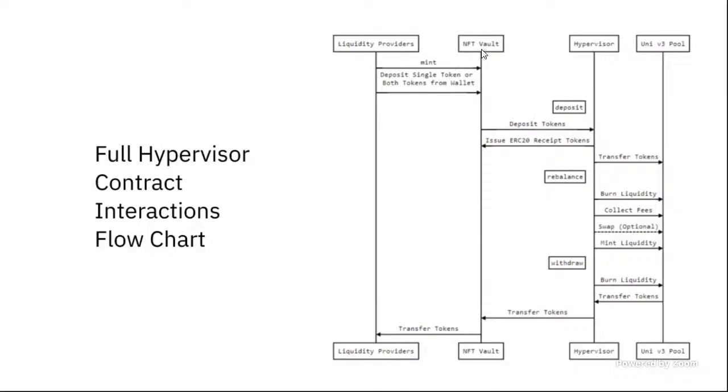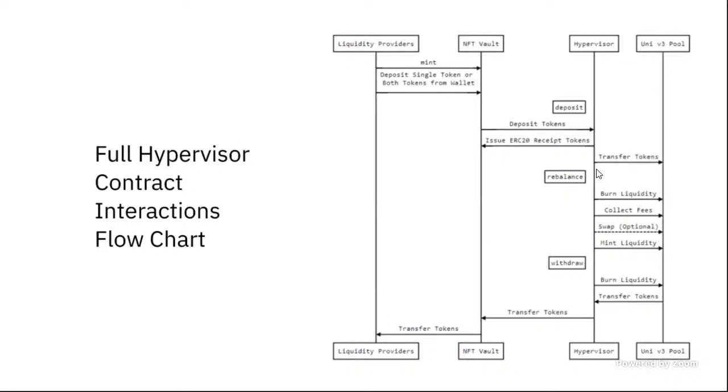And then these go through your NFT vault, and then these get deposited into a hypervisor that, remember, is specific to one Uni V3 pool defined as a pair of tokens and a fee tier. And when this hypervisor receives your tokens, it issues ERC20 receipt tokens that sit in your NFT vault. And then when a rebalance is called, these are transferred into the Uni V3 pool and deployed as liquidity provision.